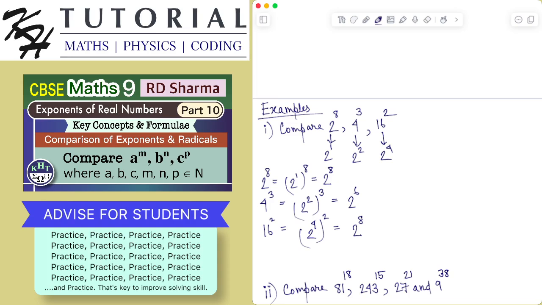So the numbers are 2 to the power 8, 2 to the power 6 and 2 to the power 8, where we are having the same base of 2.